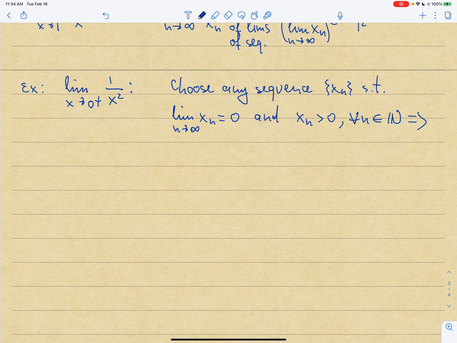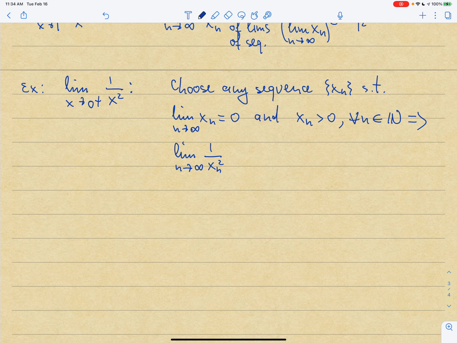So then what is the limit as n goes to infinity of 1 over xn squared? And here you might remember, so first thing, xn goes to 0, that means that the denominator goes to 0, so properties of limits you cannot use.